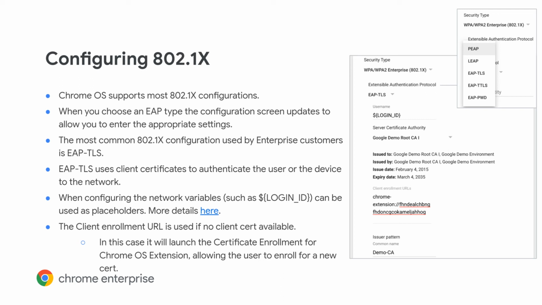So for example, you could use PEAP, which would use the username and the password of the user to authenticate onto the network. Or you could use the more common 802.1x configuration that we see a lot in the enterprise, EAP-TLS, which in addition to username and passwords also makes use of client certificates to authenticate the user or the device to the network.